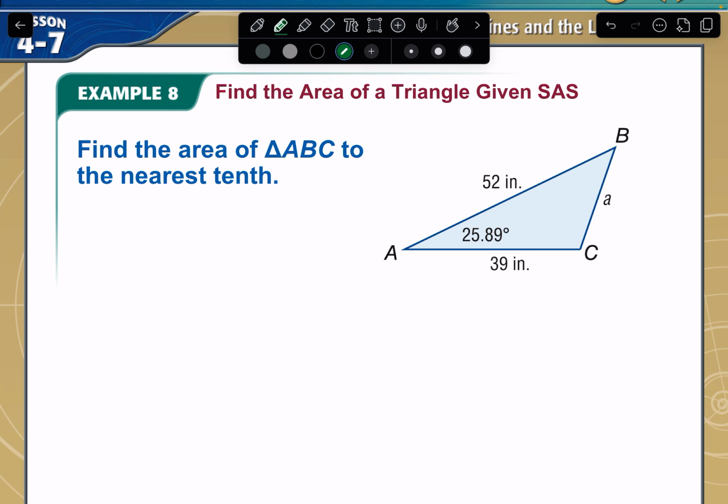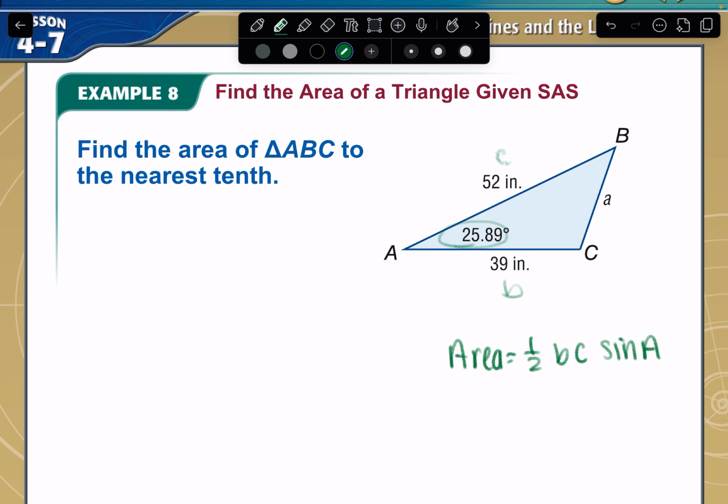So you can see, looking at your triangle, I'm given angle A, I know side length C, and I know side length B. So this automatically tells me that I am using the formula that says 1/2 BC, so side length B, side length C, I'm given those two, and then sine angle measure A, which is the angle measure that I'm given.